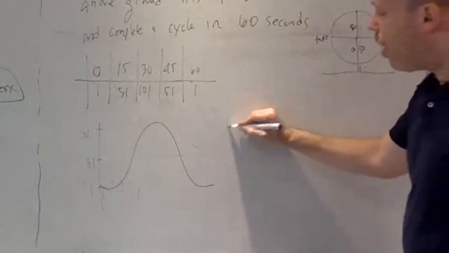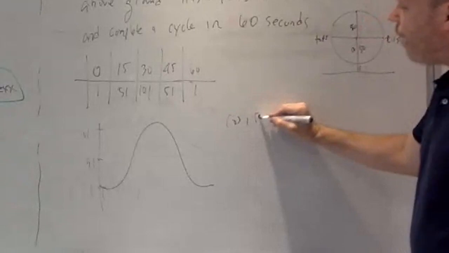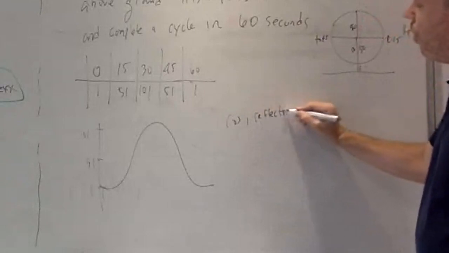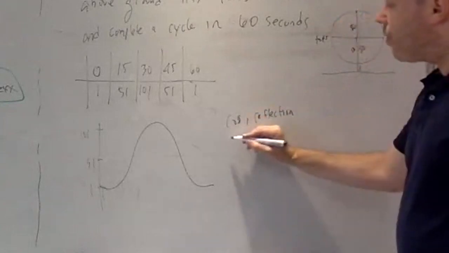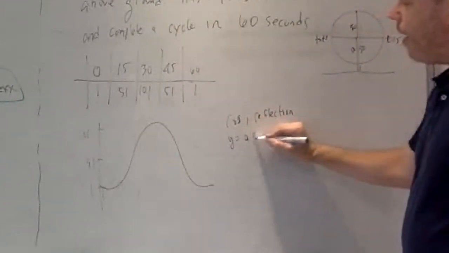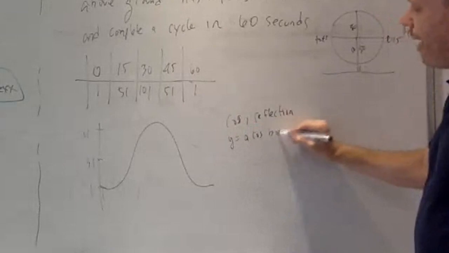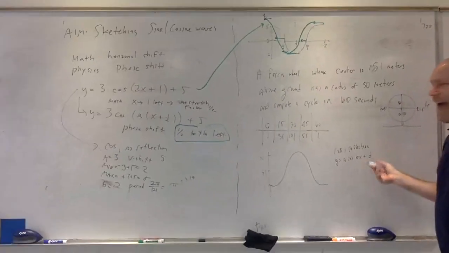You say, oh, you know what? That's a cosine wave with a reflection. And so we know it's like y equals a cosine bx plus d.